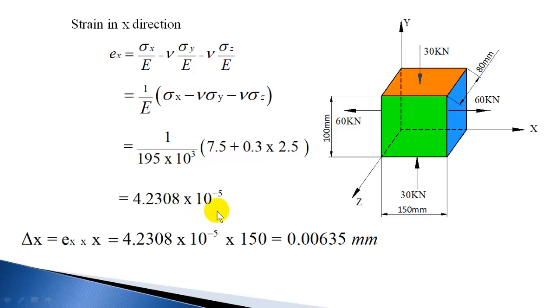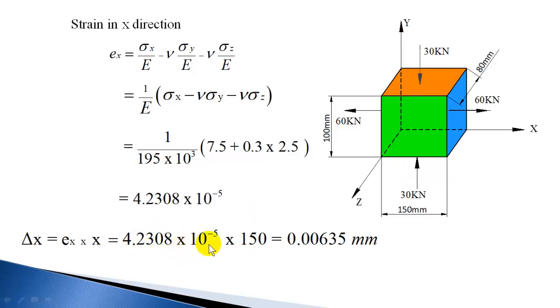in x direction. So in 1 mm length of the block in x direction, 4.23 into 10 raised to minus 5 mm will be the increase in length. So in total 150 mm, this is in 1 mm so much mm. In 150 mm the increase will be, you have to multiply this in unit length.